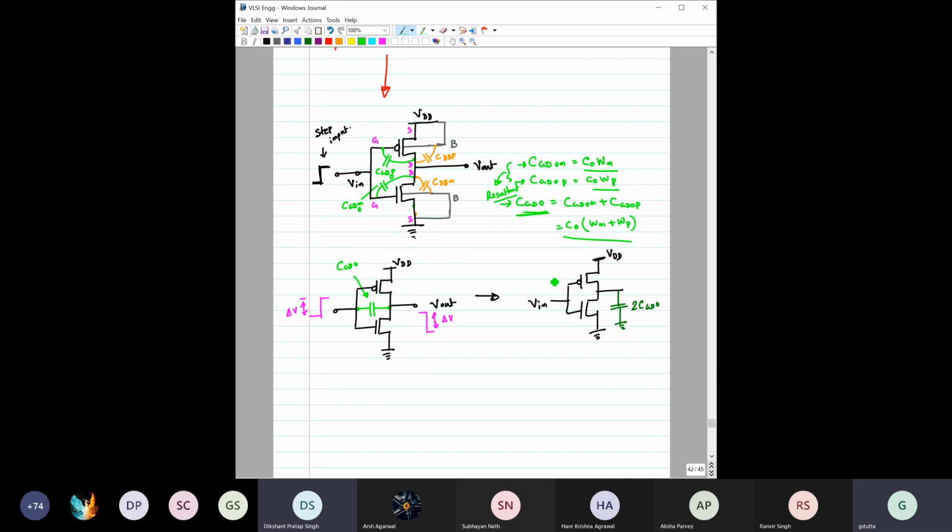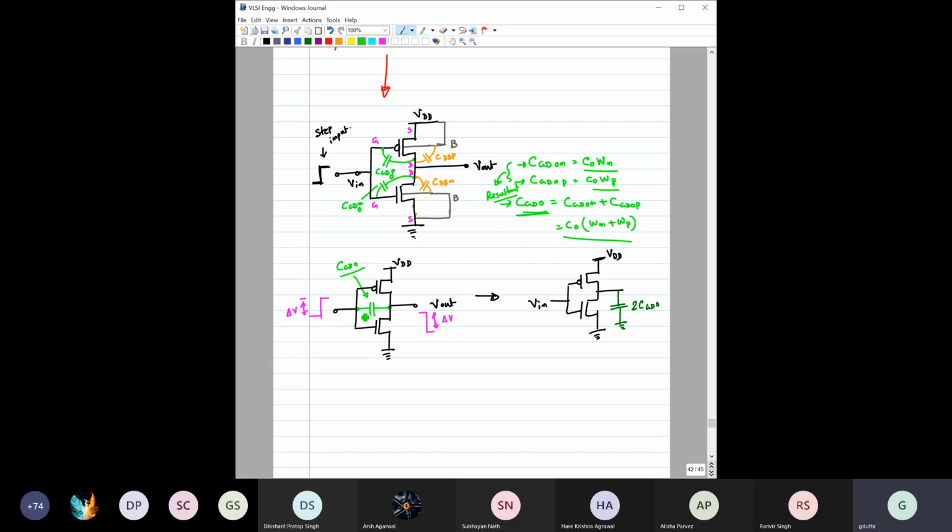Okay. So now let us for the time being not consider these two, CGDB and CGDB, because we know that these two capacitances would be there. Let us now focus only on this CGD naught, which is basically because of these two.